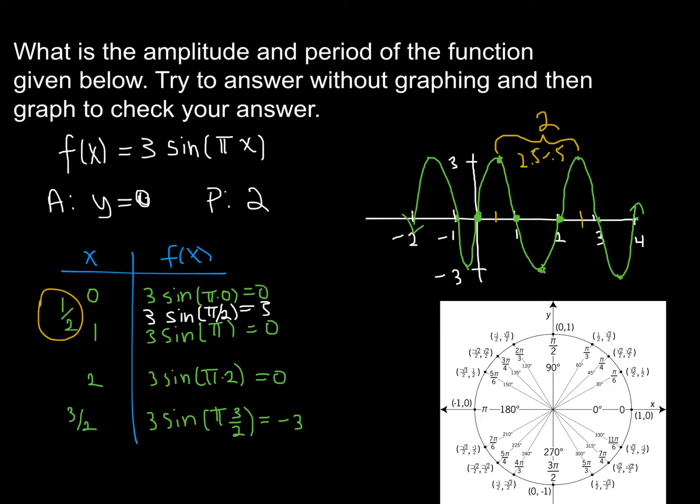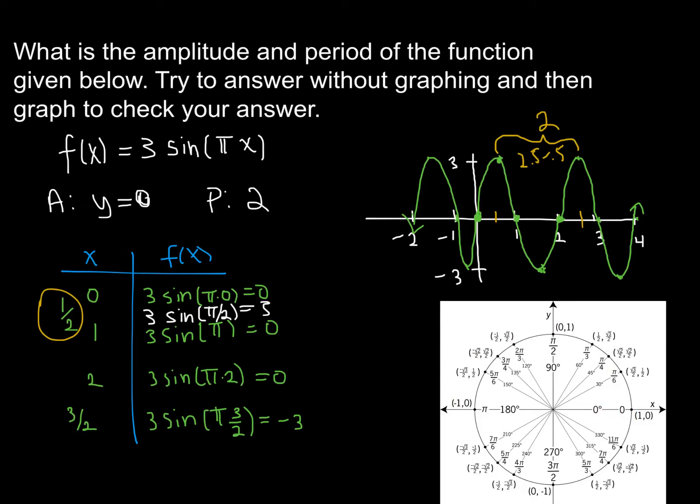Essentially, what we're looking for is what is the gap in our x values that will take us once around the unit circle. So notice if I started at x equals 0, I would be right here, because pi times 0 is 0. And when I got to an x value of 2, then I would have gone all the way around the circle, because then I would get to 2 pi, or once around the circle.